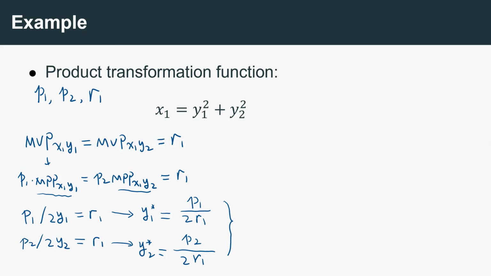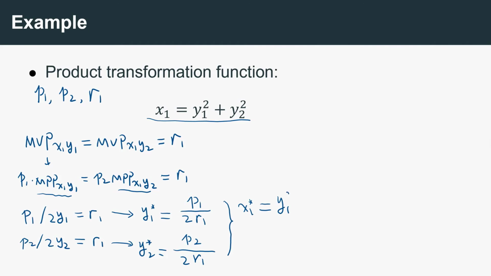Those two output levels will for sure maximize revenue for the X level, and they didn't only maximize revenue, they also maximized the profit. So what is X1? What is the input level that was used? For this one you have to use the product transformation curve function.